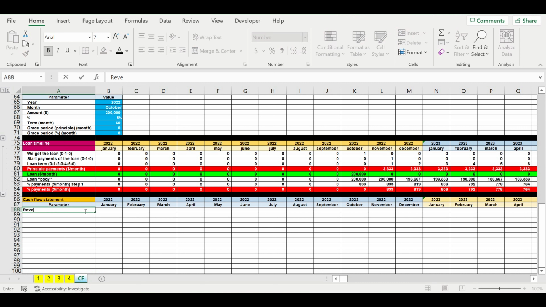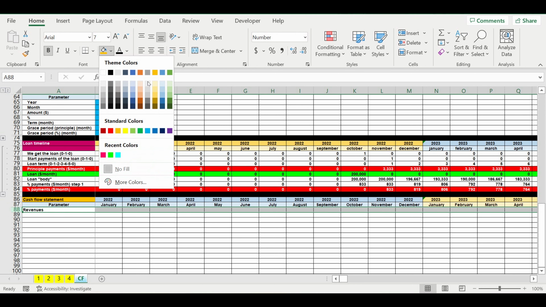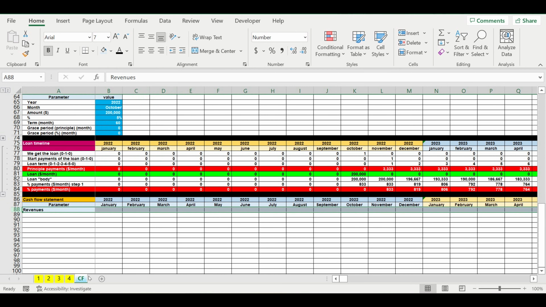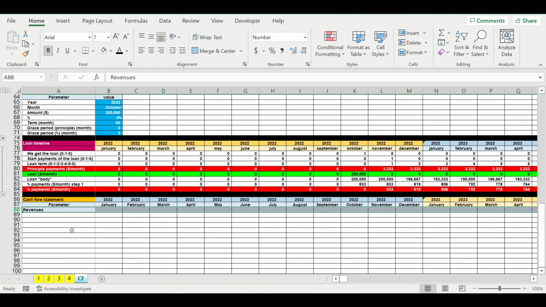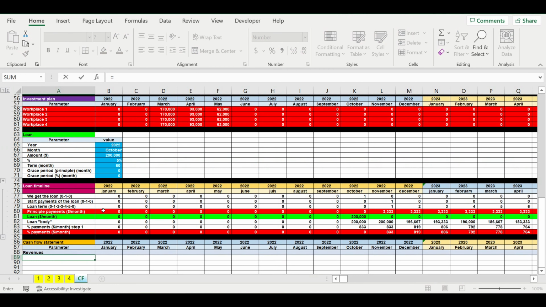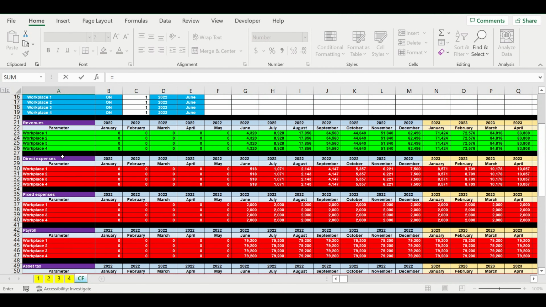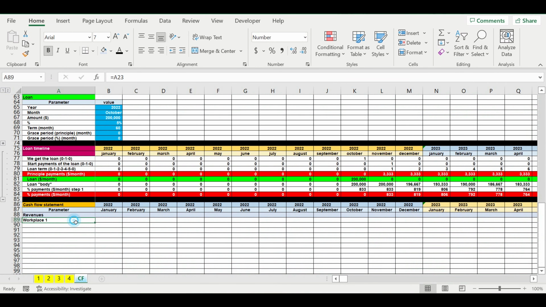First of all, we start with revenues. We are consolidating revenues. We are taking revenues from here. We are taking green lines for revenues and red lines for expenses.